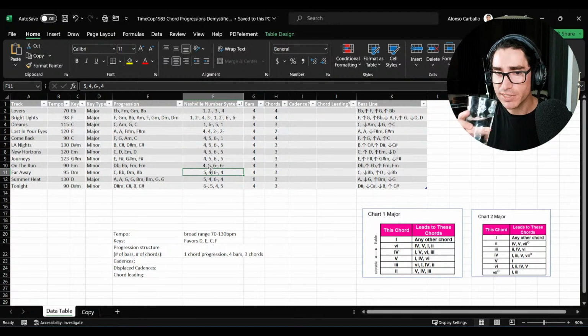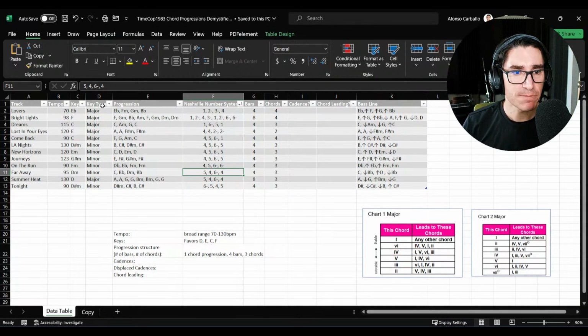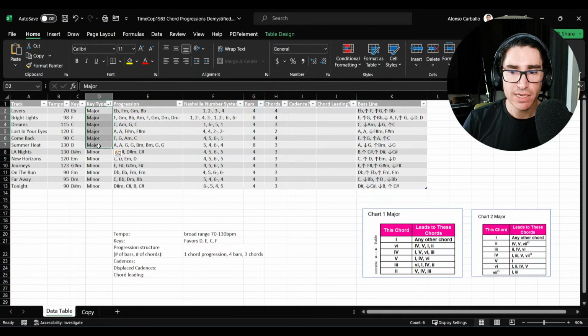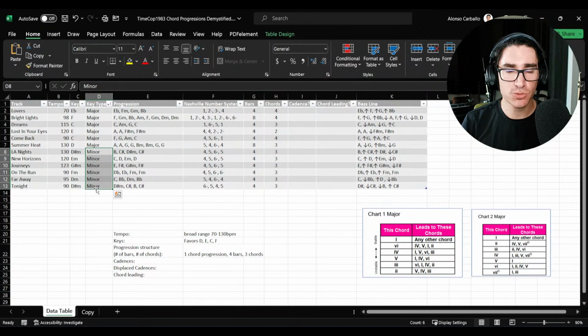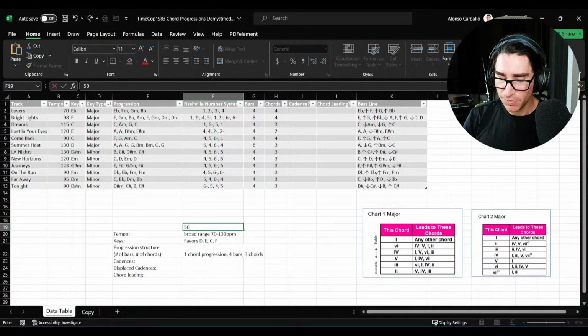Cool. That's also nice. And one thing that I forgot to do here is, let me sort by major or minor keys, and we will see that 6 out of the 12 are major keys and 6 out of the 12 are minor keys. So we can say that he has a 50-50 mix of major and minor.